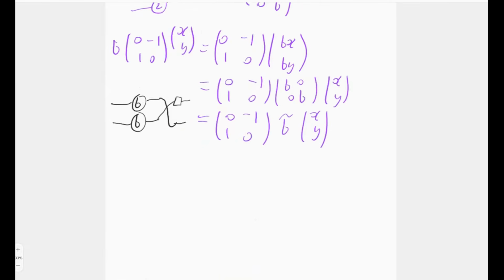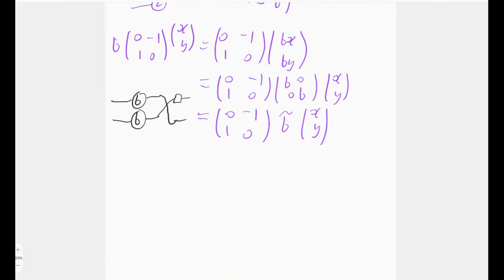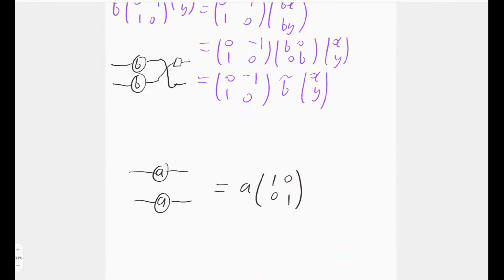That gives us the other thing that we want to add together. So that's going to be this, and that's going to be equal to A times the identity matrix. And then the next thing we have to do is to add these two things together, right? Because this is A times 1.